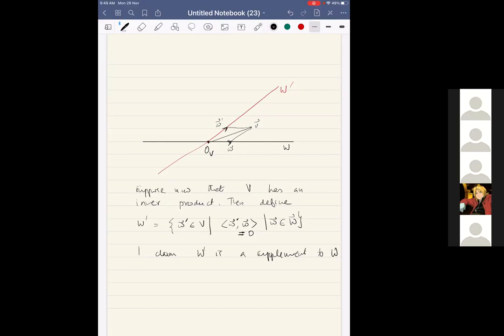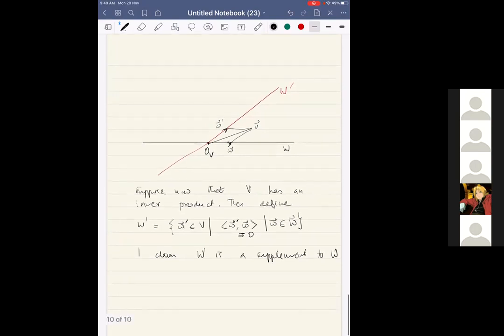So, for example, going back to the picture above, if instead of the plane of my iPad it's R2 and W is the x-axis, then W prime, according to this definition, will be the y-axis.